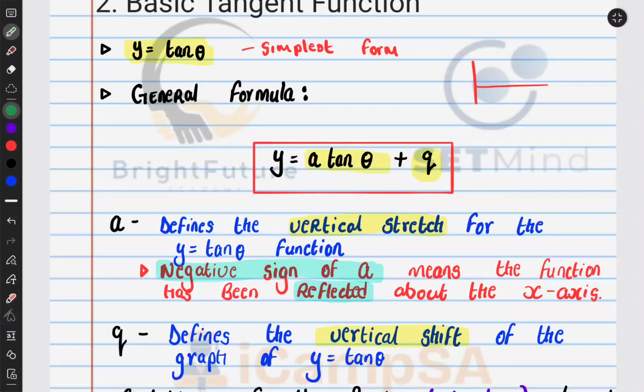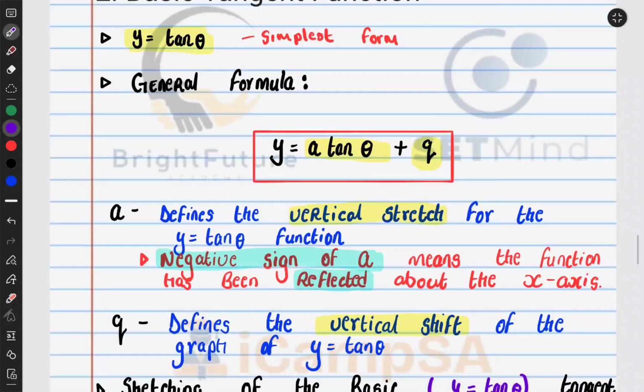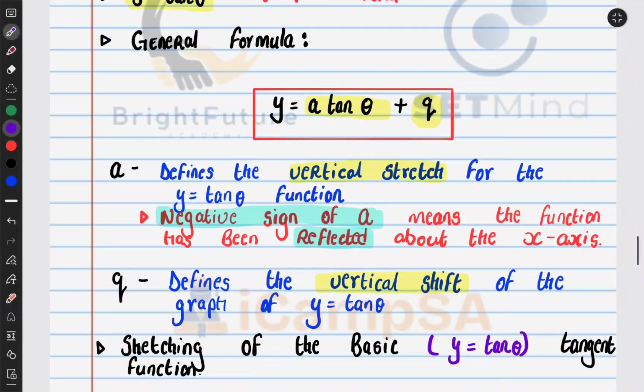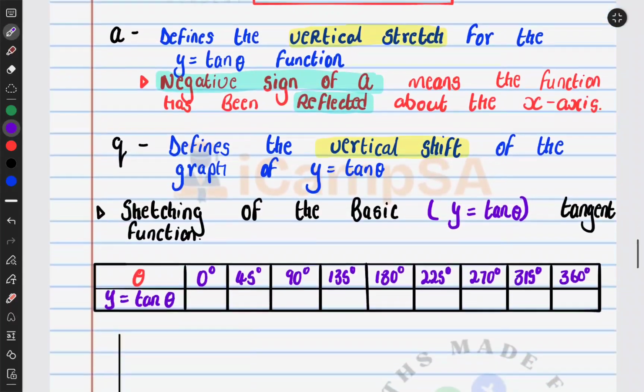If the original tan function was like this, it went above like that, once we have a negative value of a, you will see the transformed function will look like that, because it has been reflected about the x-axis. That is what is meant by that. So you are already familiar with that. Let's go ahead and get into actually sketching the basic tangent function.